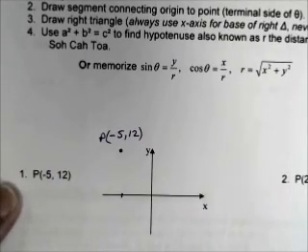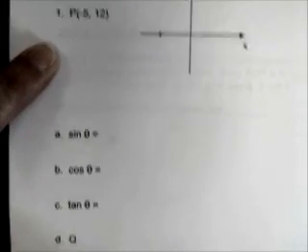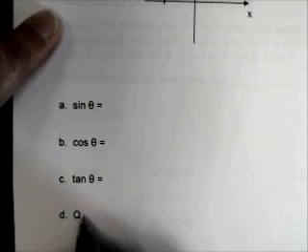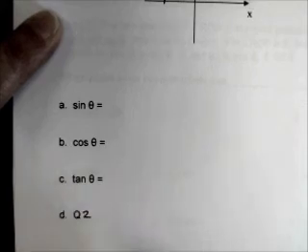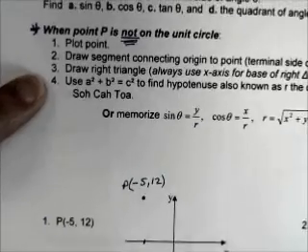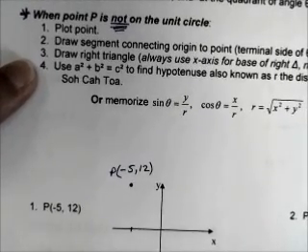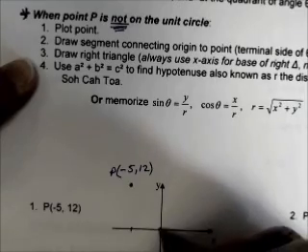Well, first off, what quadrant are we in? We're in quadrant 2. So we can answer part D, quadrant 2. Okay, so we plot the point. Then we draw a segment connecting the origin to the point.